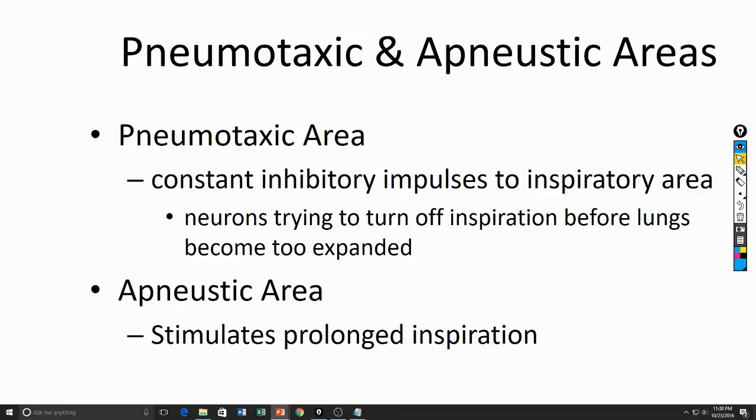On the other side of that, you have the apneustic area, and that stimulates longer periods of breathing. So you have them doing opposite things: one telling you to stop breathing, the other telling you to breathe.